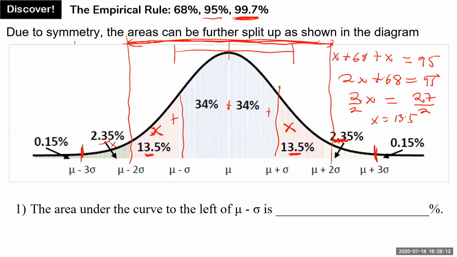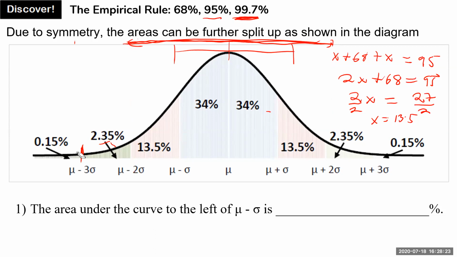Is that okay? Now, for you to get problems under the empirical rule done, you have to be able to produce this table. You have to be able to produce this table or assign the percentages to this diagram. To be able to use the empirical rule, you have to be able to assign the percentages to this diagram.